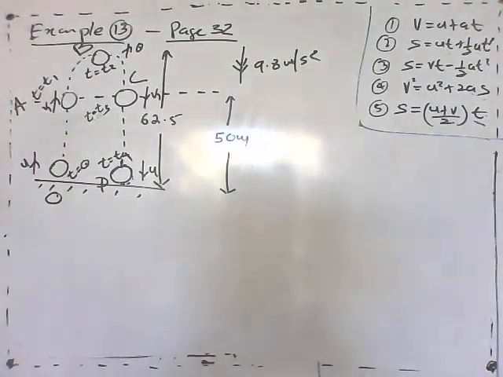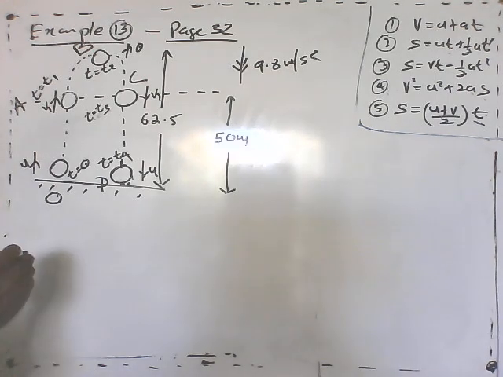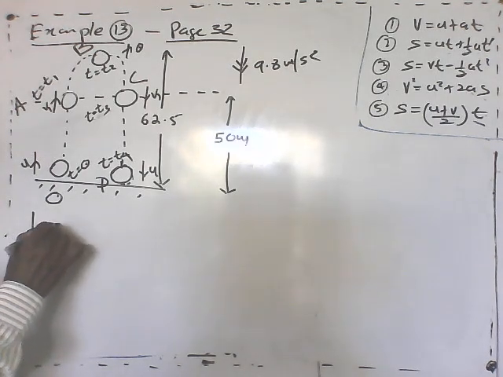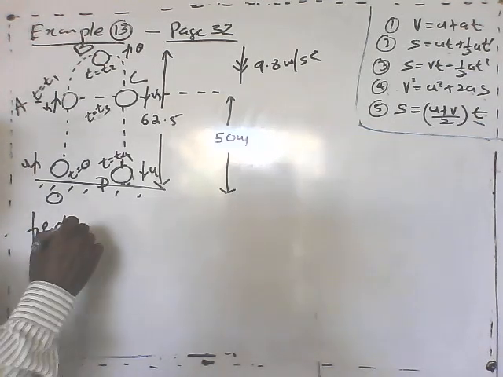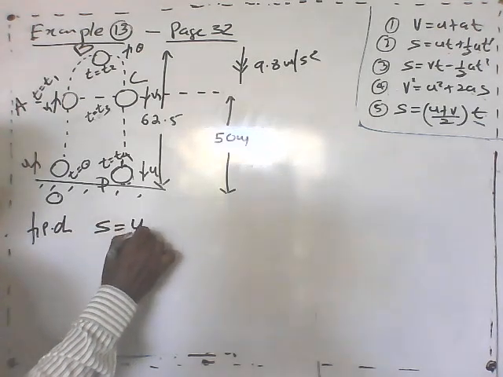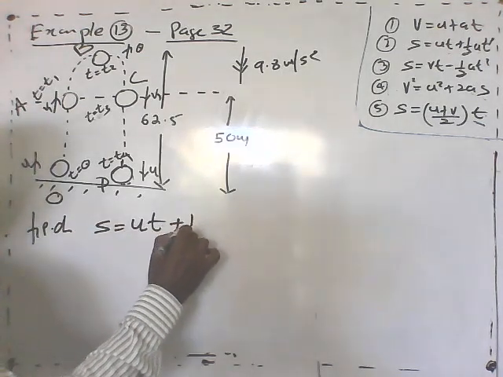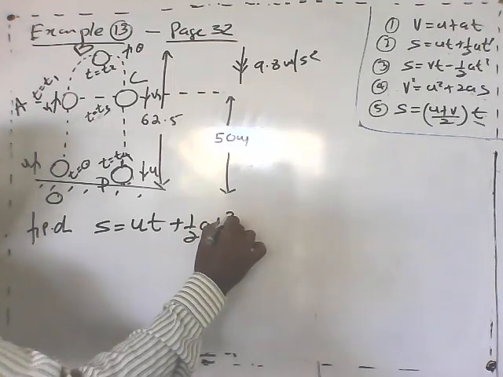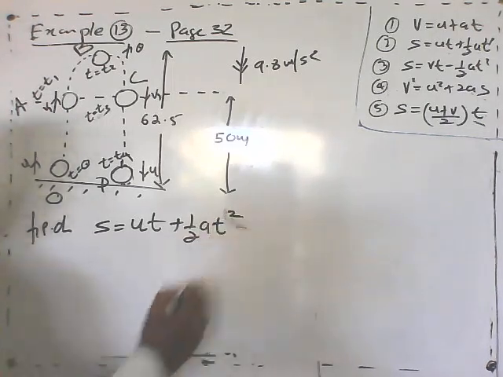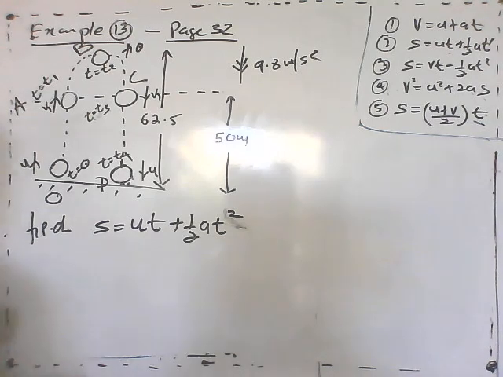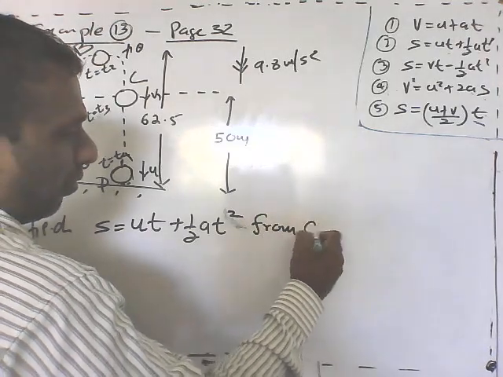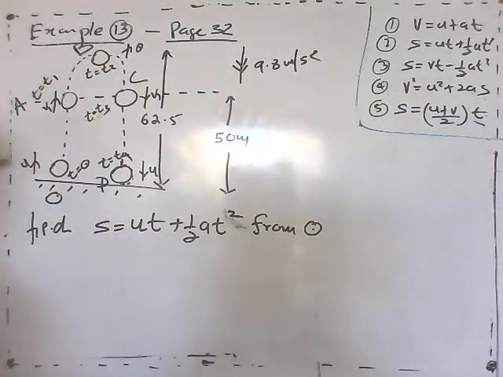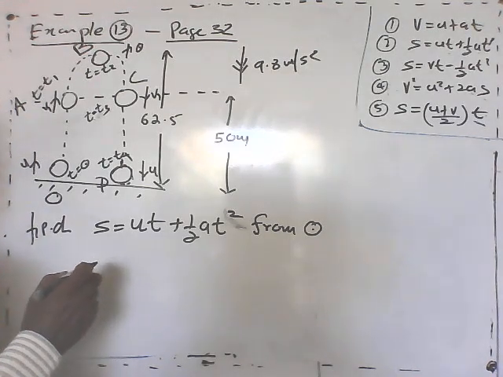If we take upward as the positive direction, we consider s equals ut plus half at square, from O. I can mention it as from O to A also, but I am not going to mention that because this is a special place.